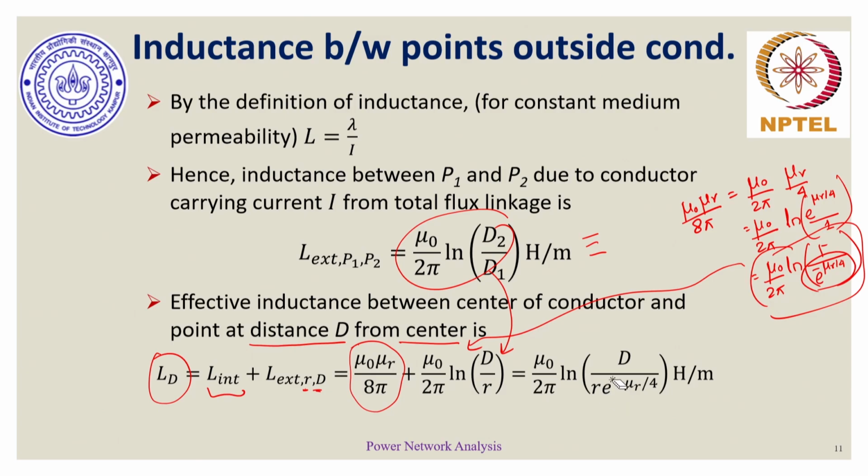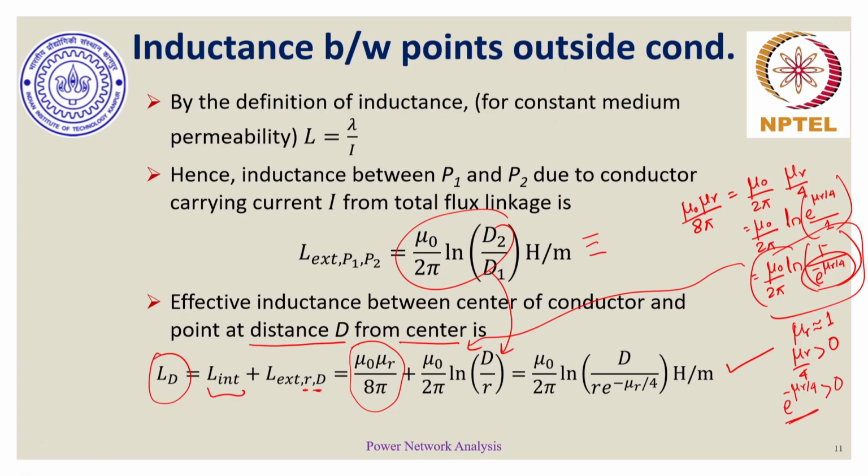Now there is a specificity about the expression that we have obtained here. What we see here is that generally for conductors the value of mu r is close to 1. So essentially mu r by 4 would always be a positive quantity, which means e to the power minus mu r by 4 would also be a positive quantity.